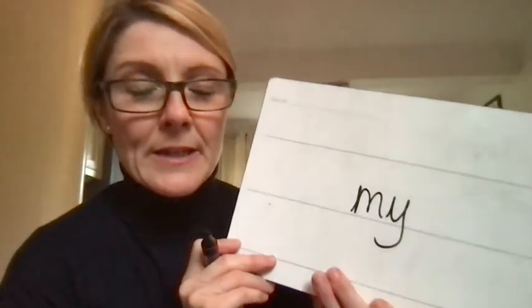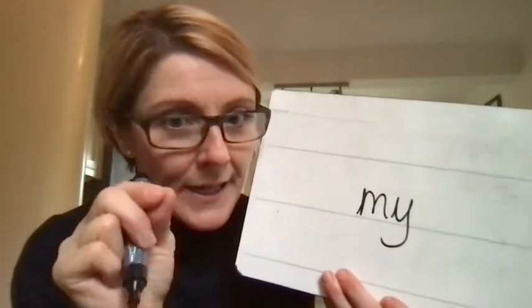Let's try another. We really need to know how to spell this one. This is a tricky word and we really need to know how to spell this one. Don't say me. Do not say me.